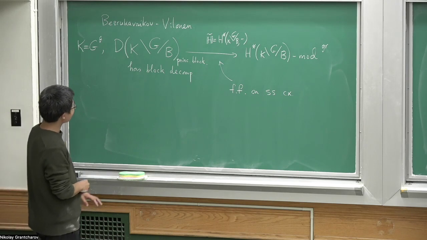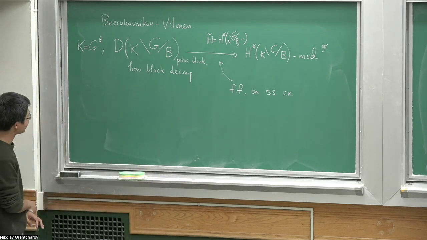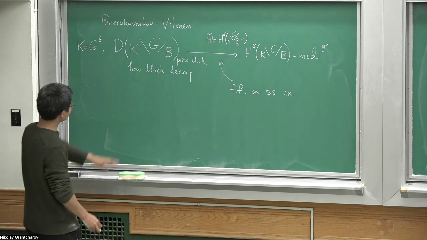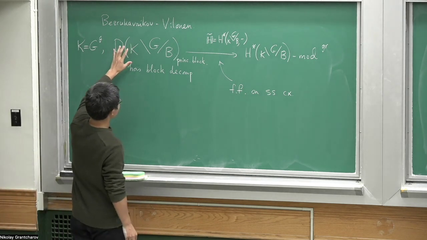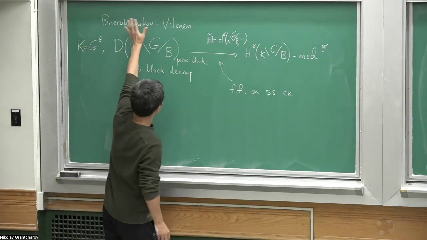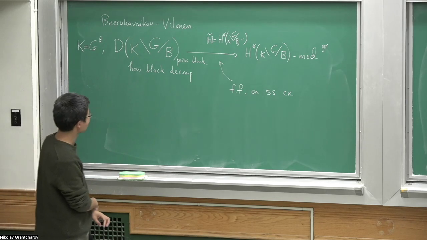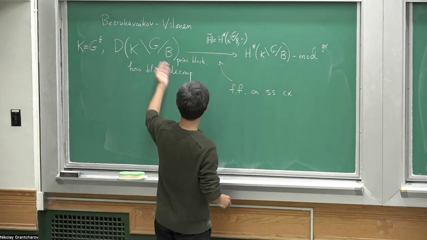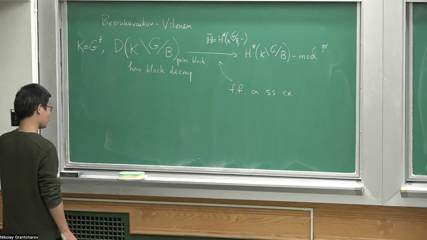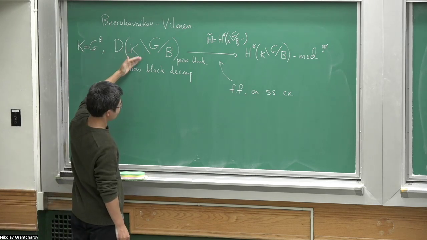So this looks like maybe some general geometric machinery may apply. However, so far as I know, there's no general machinery that guarantees this full faithfulness, even though you're still just taking the equivariant homology. The argument here is again specific to the situation.